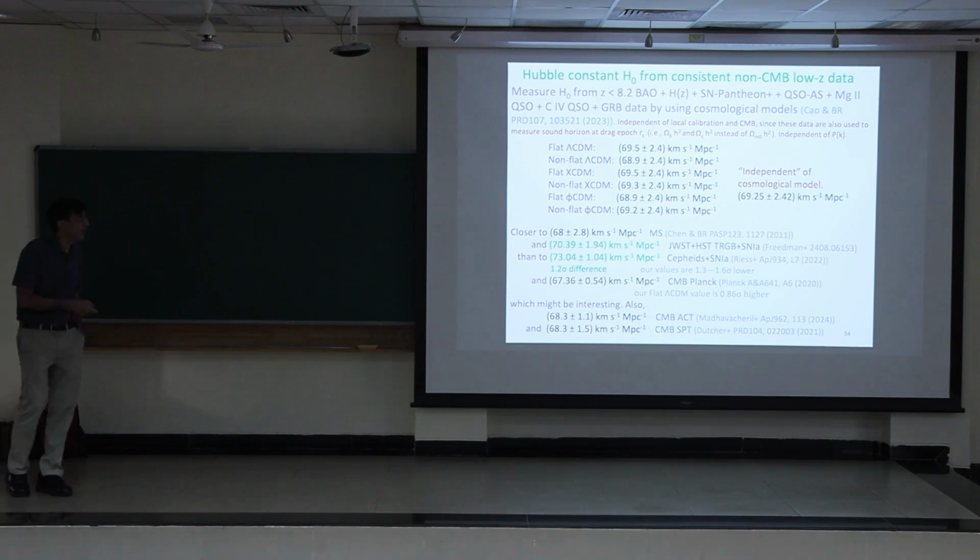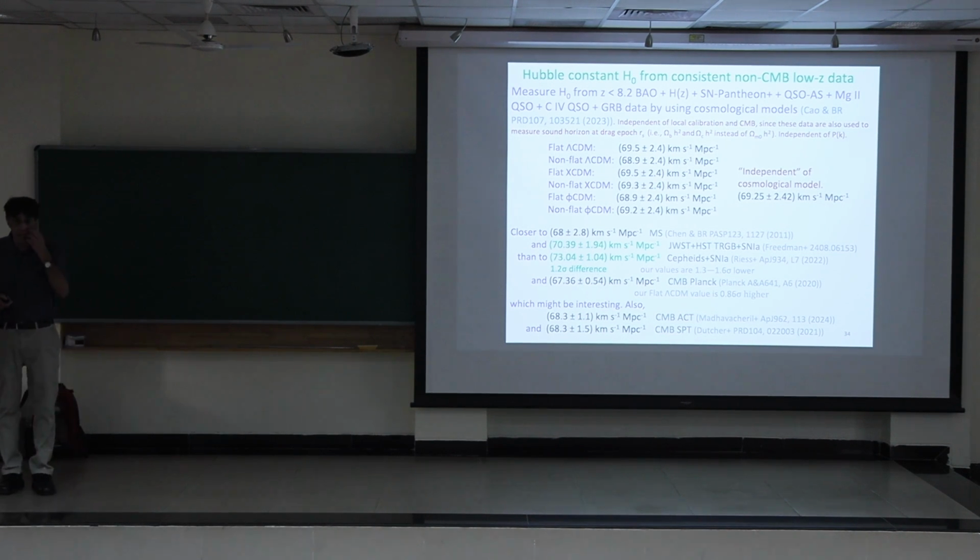So you know the distance because in a given model, you can compute the sound horizon at drag epoch if you know omega B and omega C. So I will let omega B and omega C be free parameters, and constrain those parameters from these data. And so I'm getting that distance from these data by themselves.